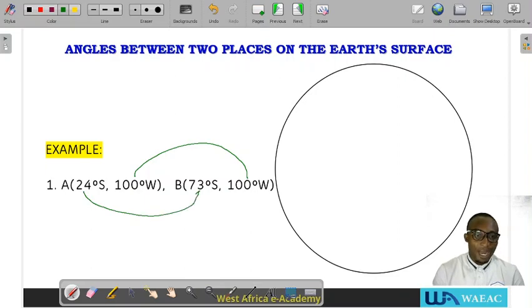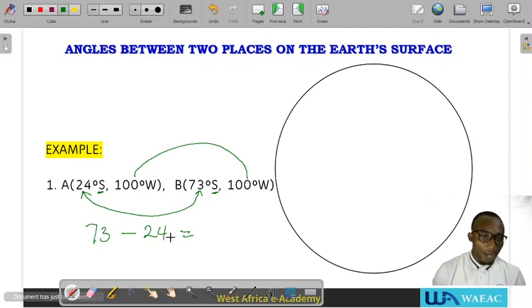There's difference in our latitude, and if you observe very well, we have 24 degrees south and 73 degrees south. This is south, this is south, they are in the same direction, so we are going to look at the difference. That is 73 minus 24.